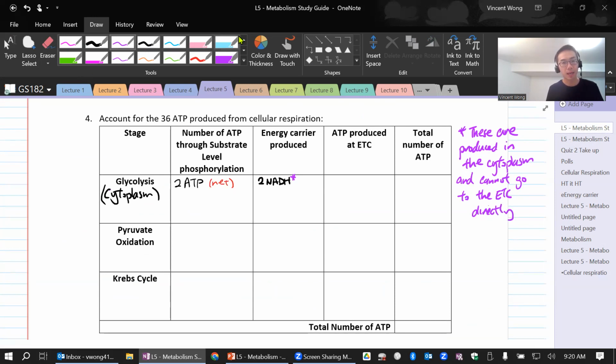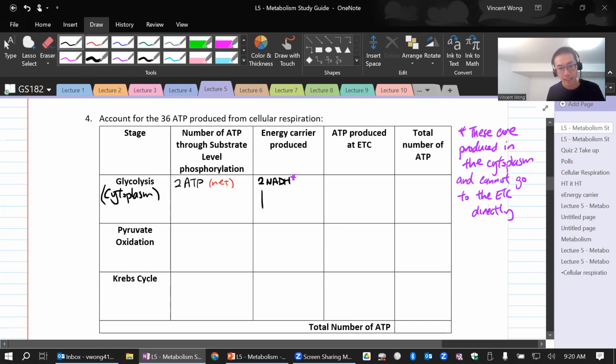So instead, what happens? Well, instead, they pass the electron to the FADH2 in the matrix.